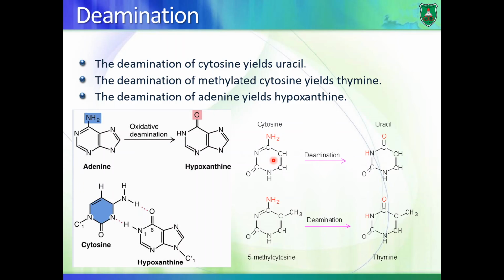Now, what happens with cytosine is that if it becomes deaminated, that is, you have removal of the amino group, it would convert to uracil.